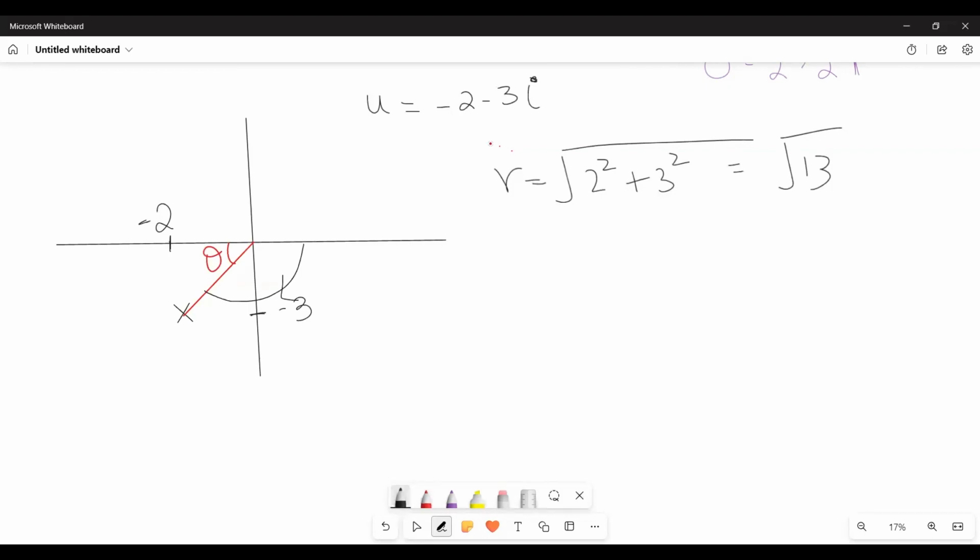Here I'm going to use the right angle. This is 3 units and that's 2 units. So tan theta is equal to 3 upon 2.